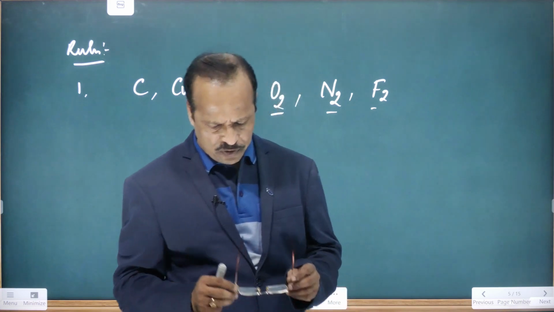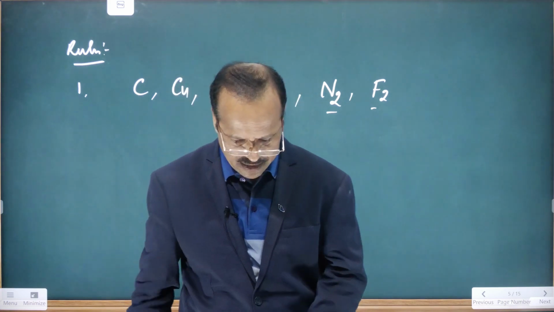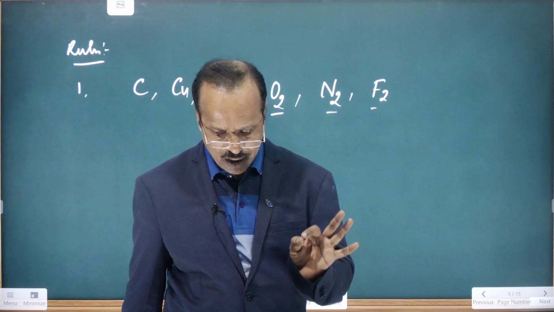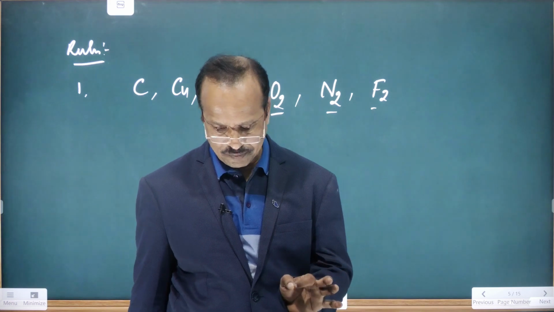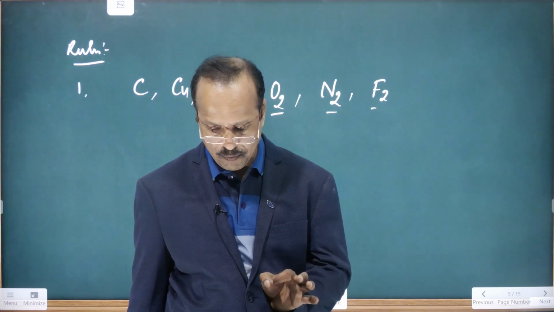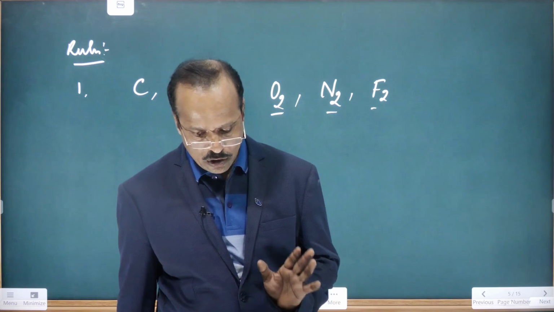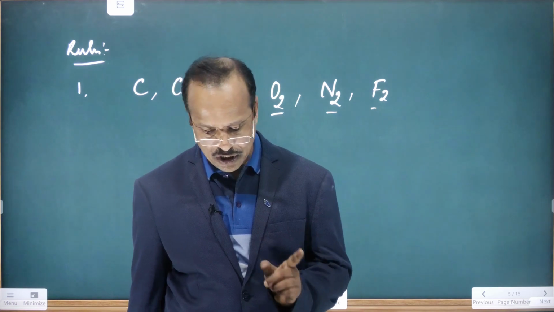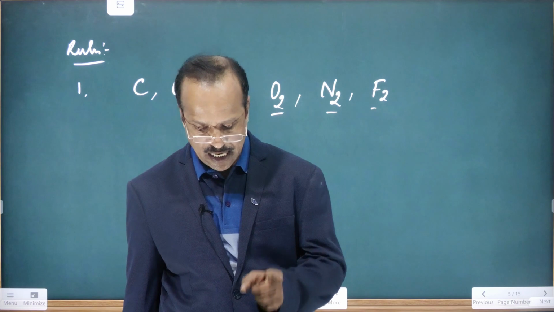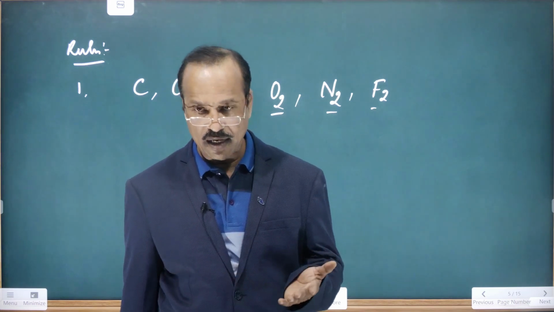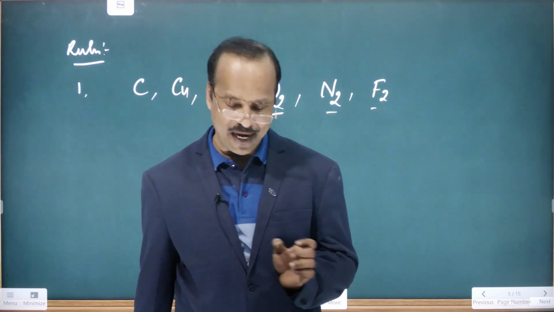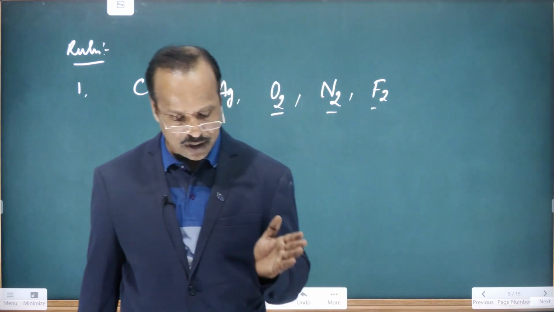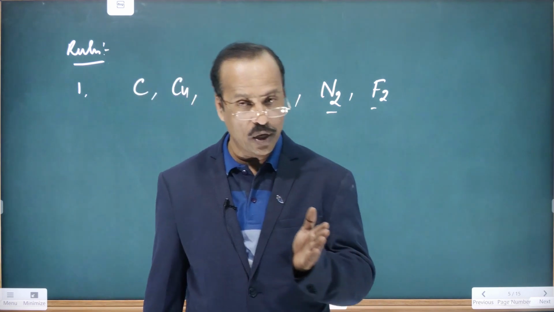If you see your material on page number 68, the oxidation number of any atom in its elementary form is always 0. See the example: hydrogen, oxygen, nitrogen, phosphorus in elementary form, like H2, O2, N2, P4.